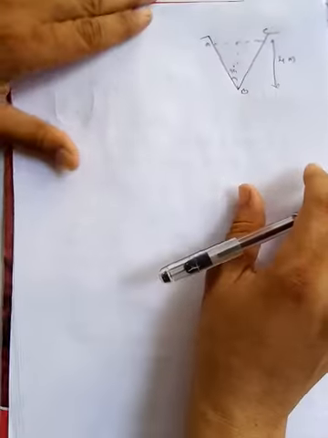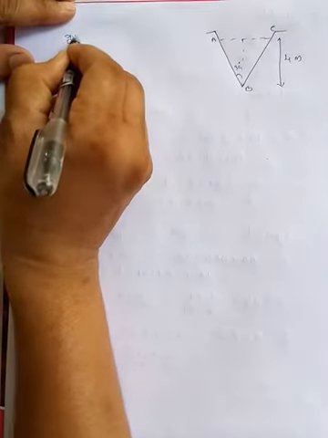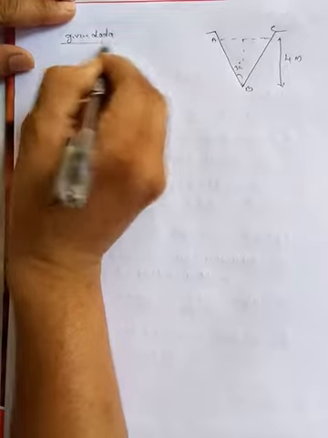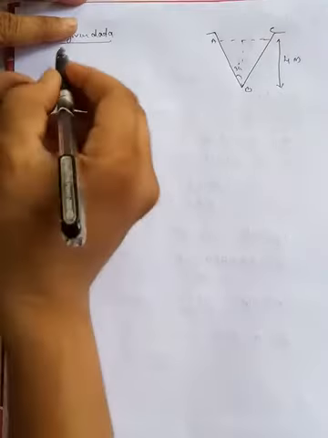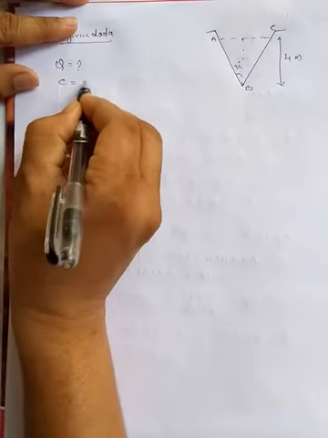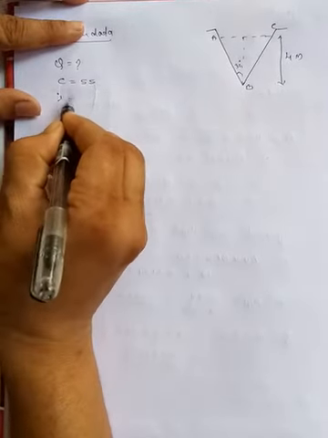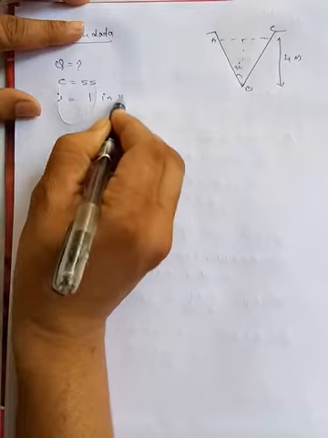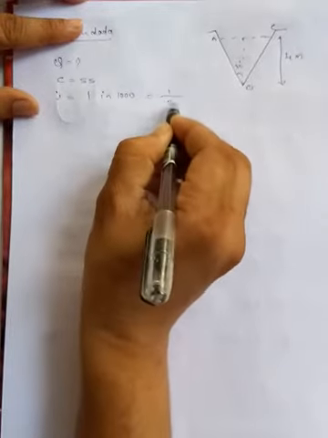The given data: you have to find out the discharge, Q. Take the value of C, the Chezy constant, as 55, and the slope of the bed, i, is equal to 1 in 1000, or you can write 1 by 1000.